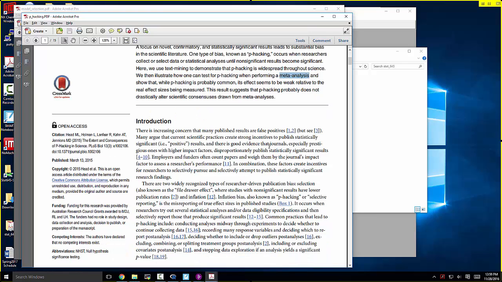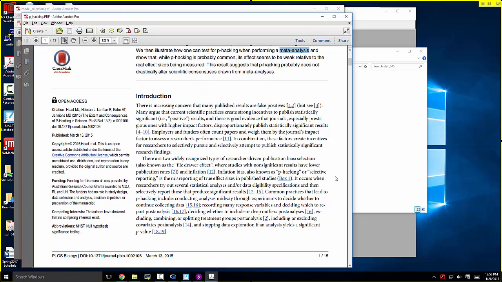Okay, so anyway, you've got a couple of papers that you can look into that speak to this issue. But p-hacking is another descriptive term used for this issue.